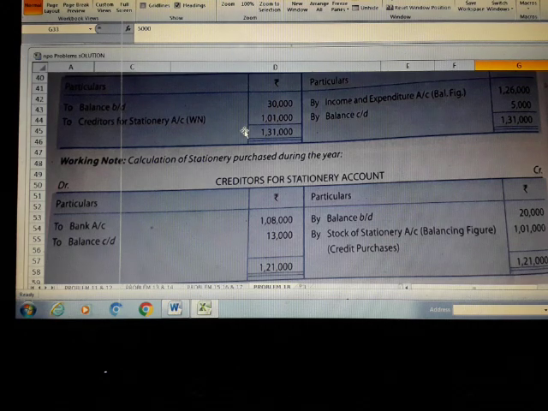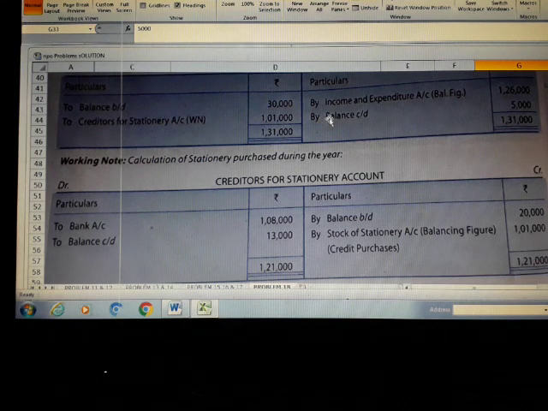So the creditors for stationery, why am I preparing like this one entry? It's very simple. When I buy any goods, that is any stationery, on credit from a creditor, what will be my journal? The respective stationery account will be debited to the respective creditor account. So in that aspect, to creditor for stationery, it is purely based on the journal.